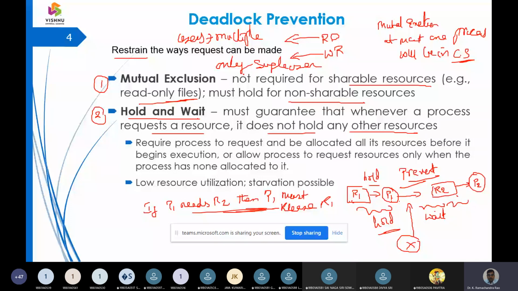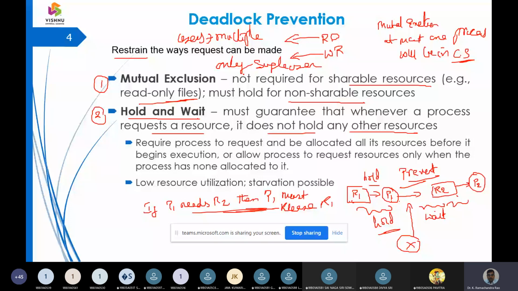So in mutual exclusion, in a critical section, we have multiple shareable objects. If it is a write operation, we must see that only one process goes. But if it is a read operation, we can allow multiple operations.